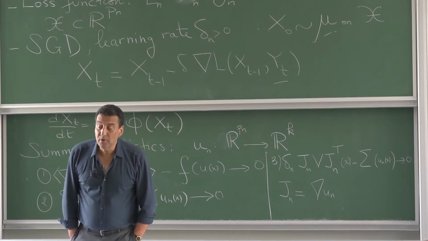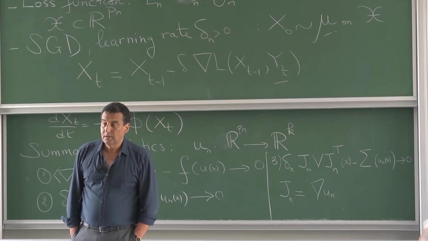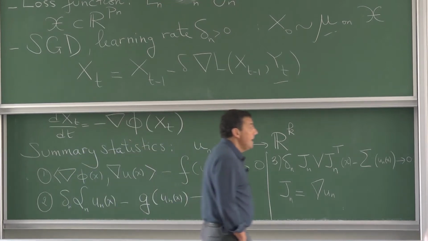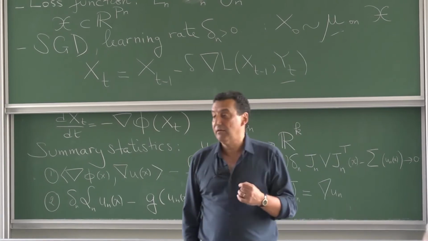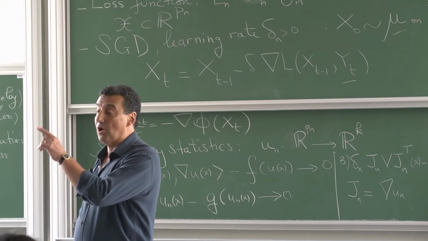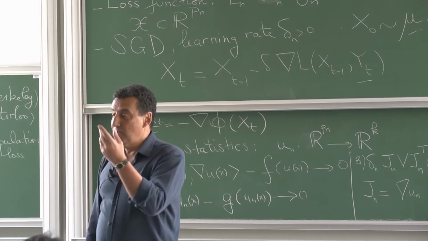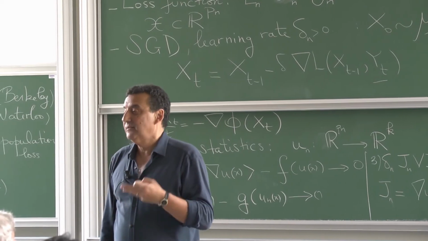It's a random object, a random trajectory in R^K, because it's U_n of x, where x is in R^P. Let's say it's a two-dimensional projection. It lives in a plane, right?